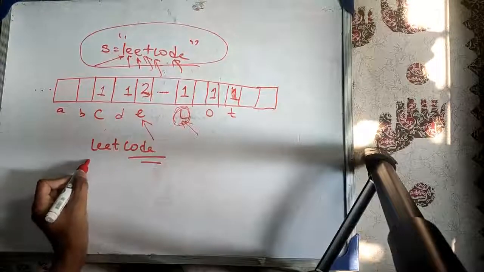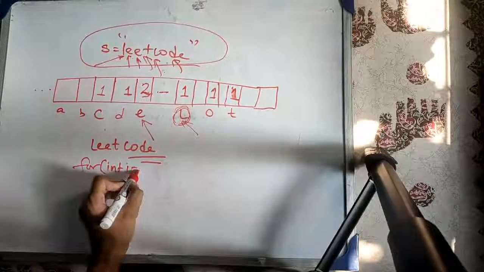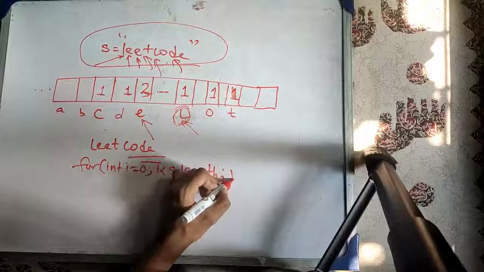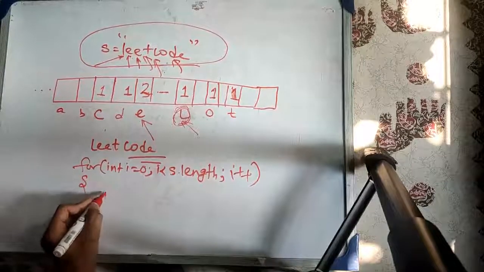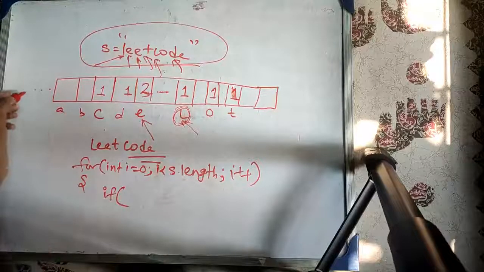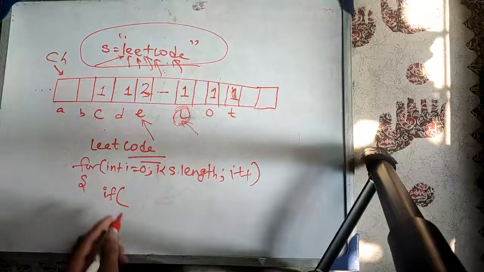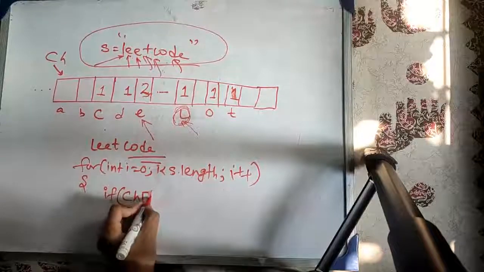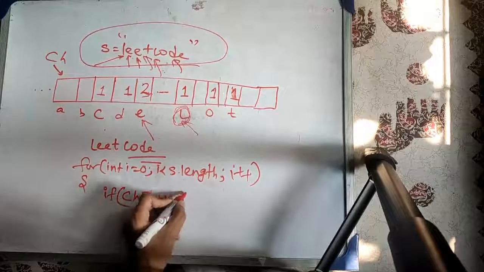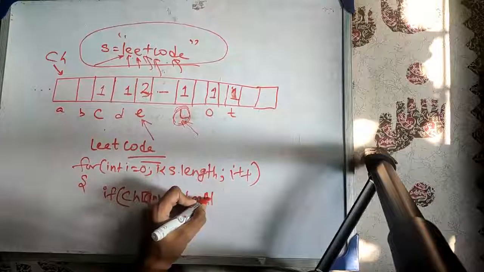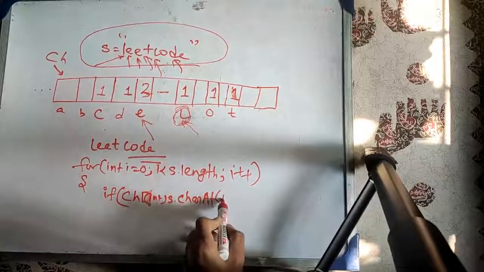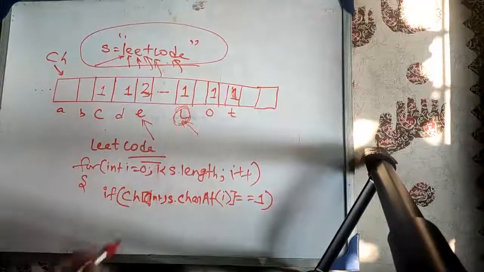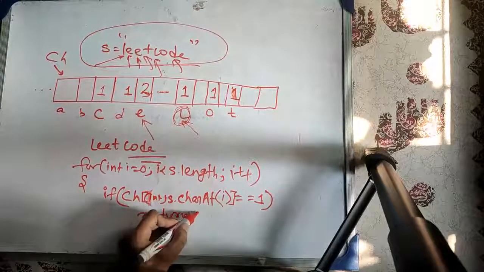So for int i equals 0, i less than s.length, i plus plus, if the name of this table is ch, and ch of int of s.charAt(i) equals 1, return i.